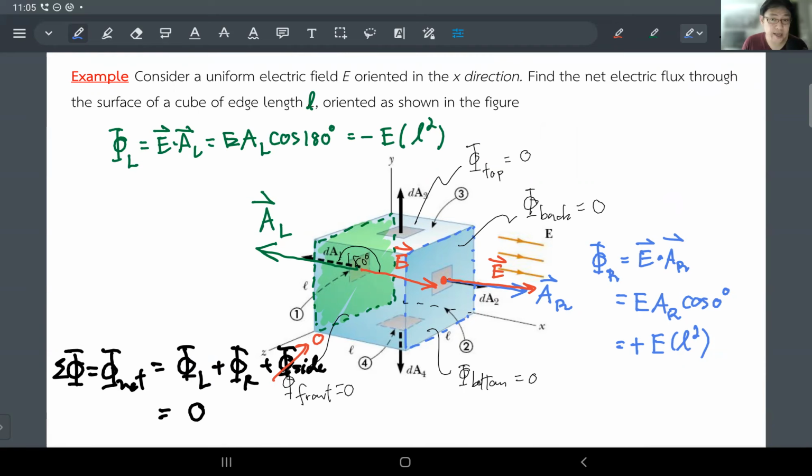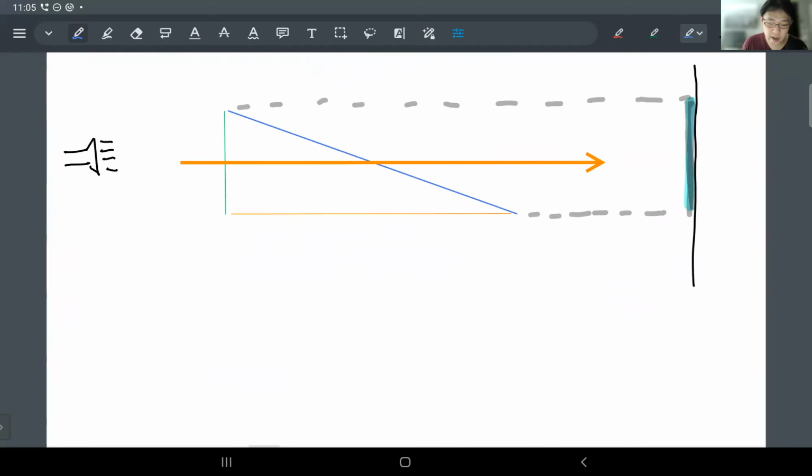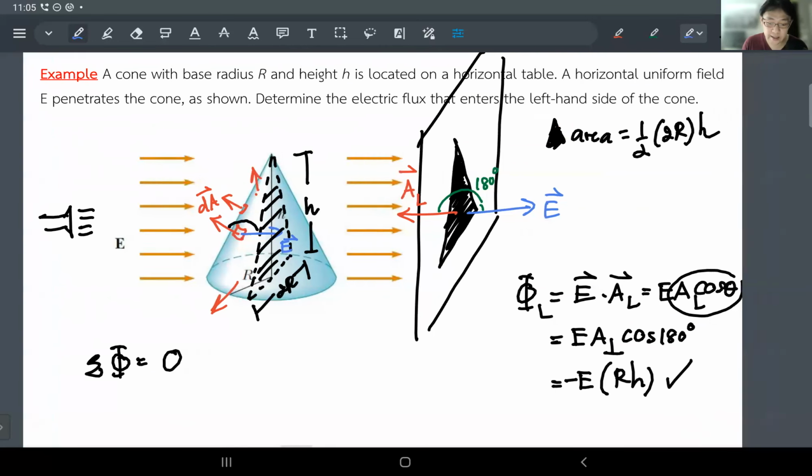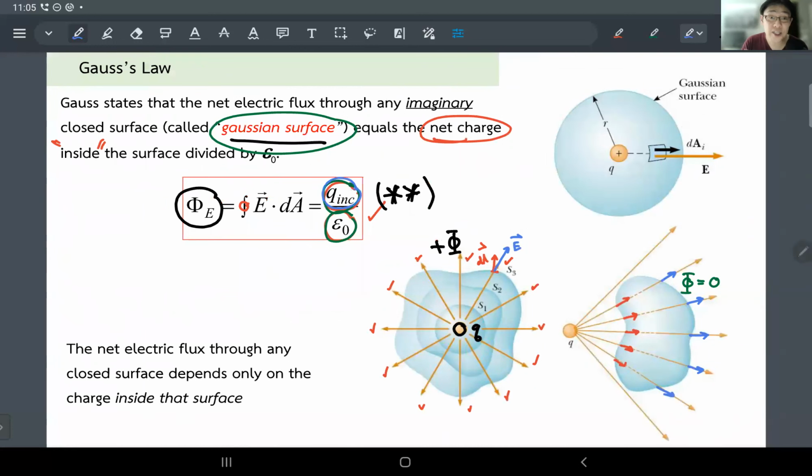Right. So that's it. That answers your question. When are you going to get some non-zero flux? That's when you have charge inside the surface that you are considering. That's the only way, according to Gauss's law. Simple? All right, so in conclusion, the main thing in Gauss's law is you just have to calculate flux, just like what we have been doing.